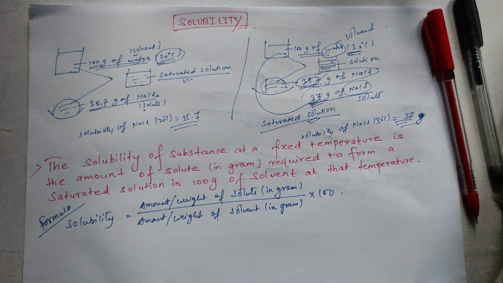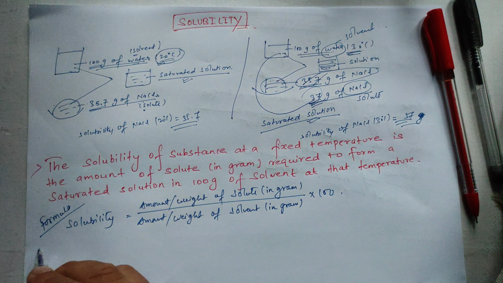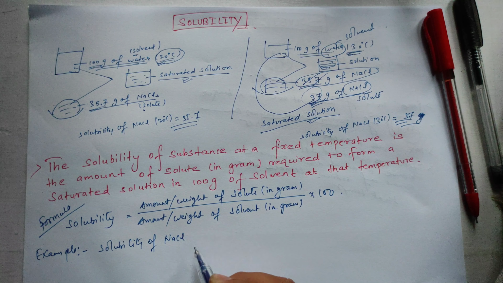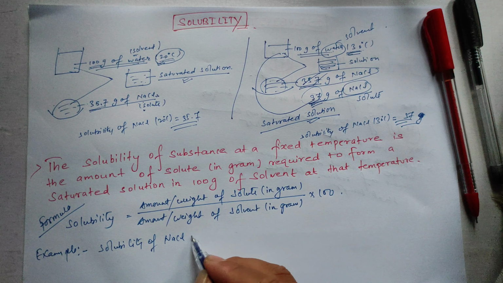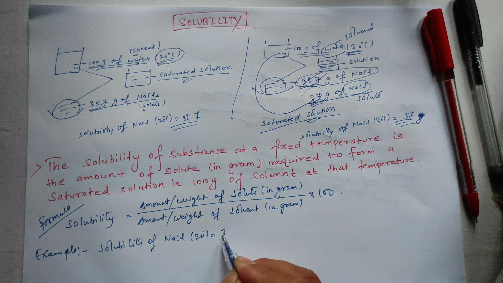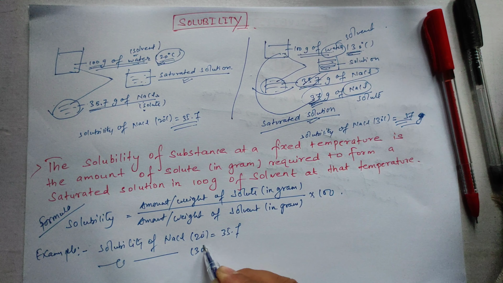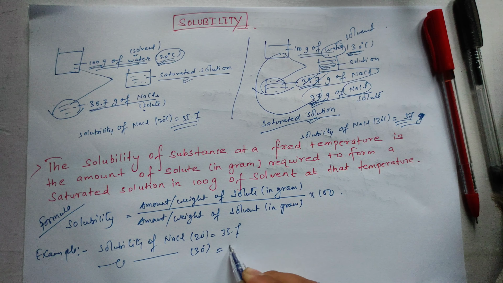Okay, let's take some examples of solubility of substance. Here we have already discussed solubility of sodium chloride. Sodium chloride is an example of solute. At 20 degrees Celsius it is 35.7, whereas at 30 degrees Celsius it is 37.